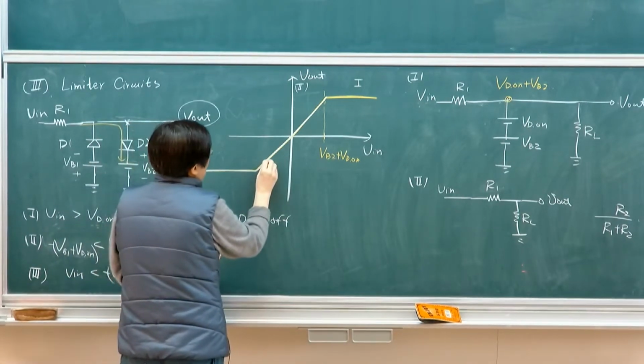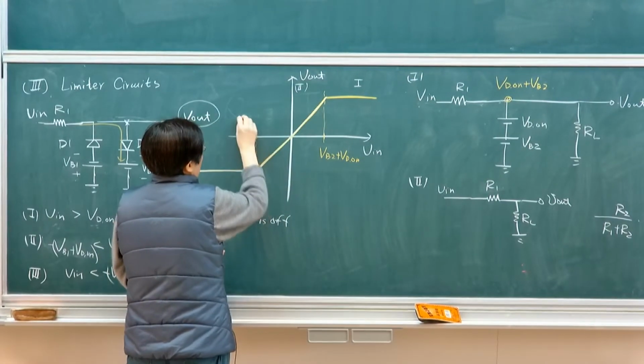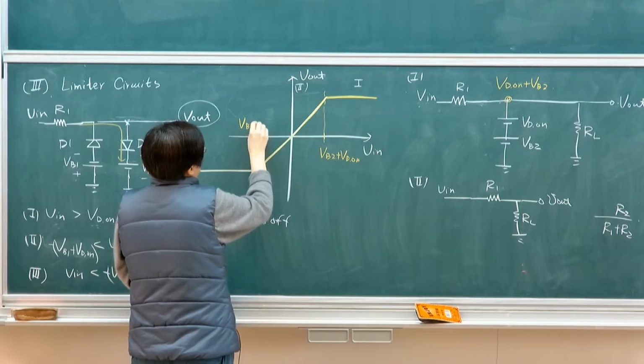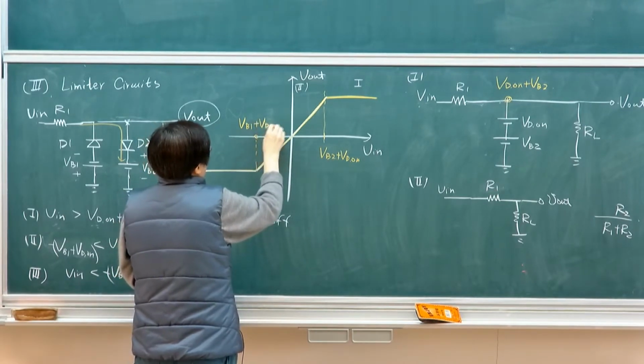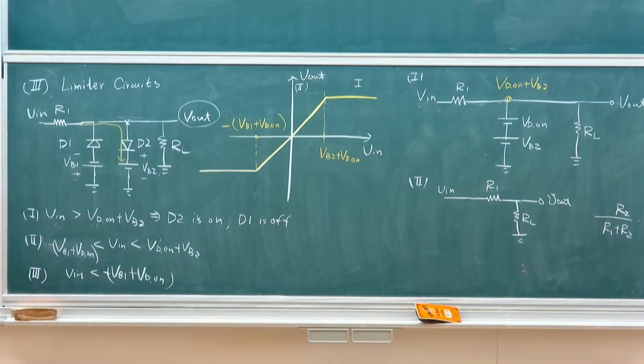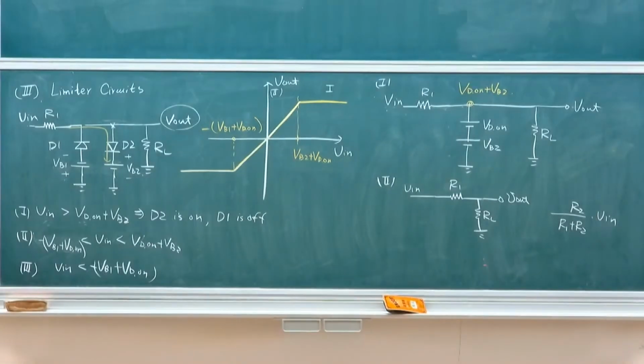So your overall curve will look something like this: VB1 plus VD negative. Okay? So you will see that it's actually the inverse of the first circuit we referred to.